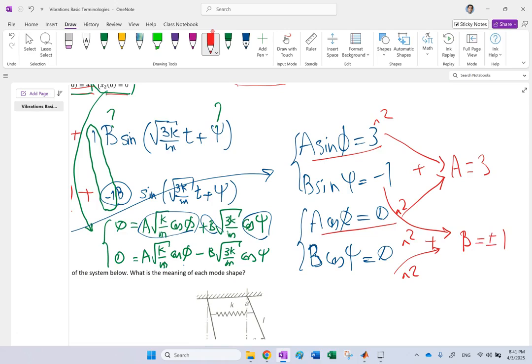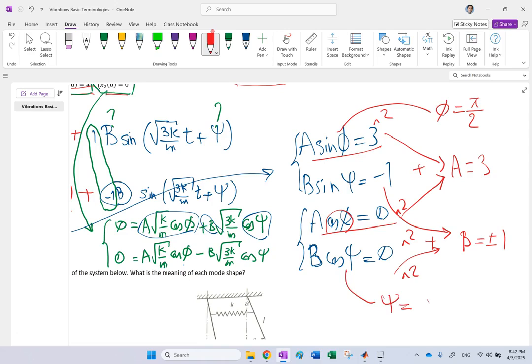Okay, now if that's the case, when A is 3 and A sine phi is 3, sine phi has to be 1, so phi has to be 90 degrees. And that matches this. And if you look at these two, if B is 1, since B cosine psi is 0, that also means psi has to be 90 degrees or 270 degrees.